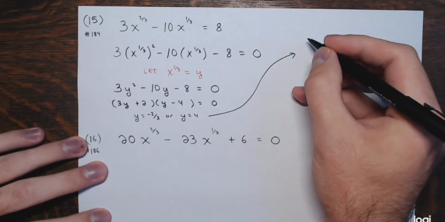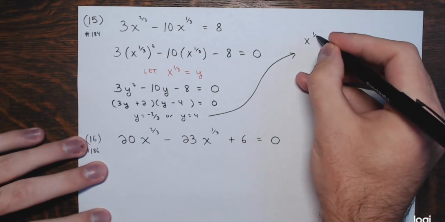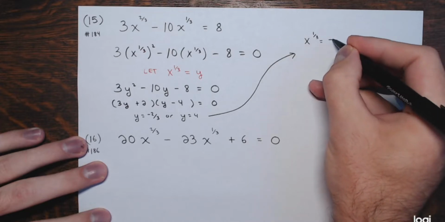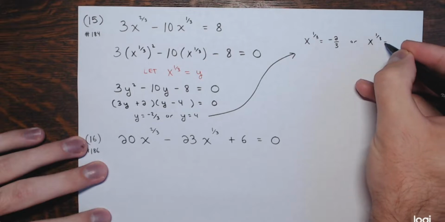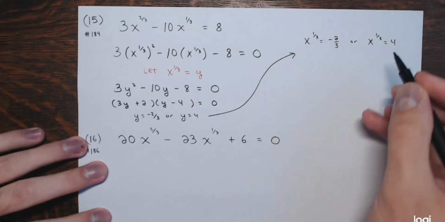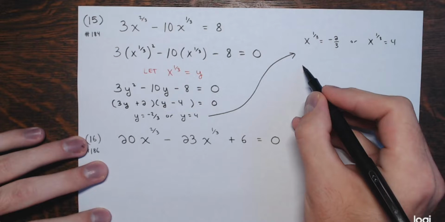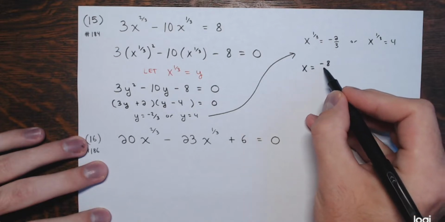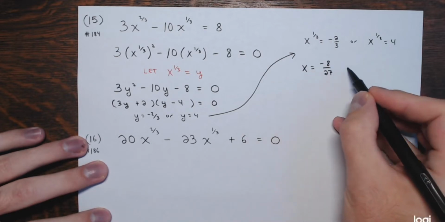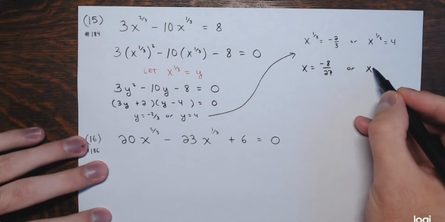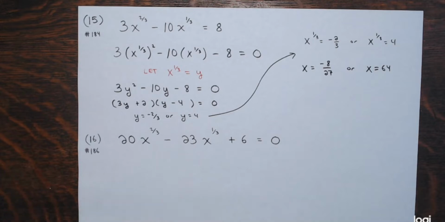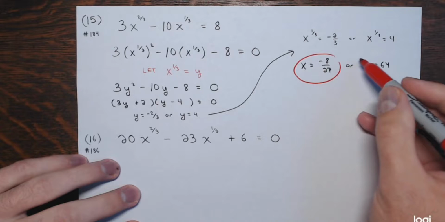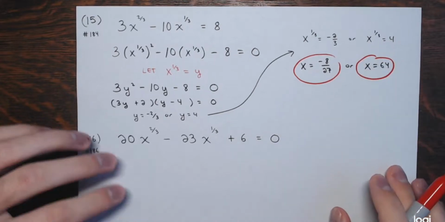Remember, y was x to the 1/3, so x to the 1/3 equals negative 2/3, or x to the 1/3 equals 4. Cubing both sides, x equals negative 8/27, or x equals 64. I leave it to you to check these. I've checked a bunch, but these should work.